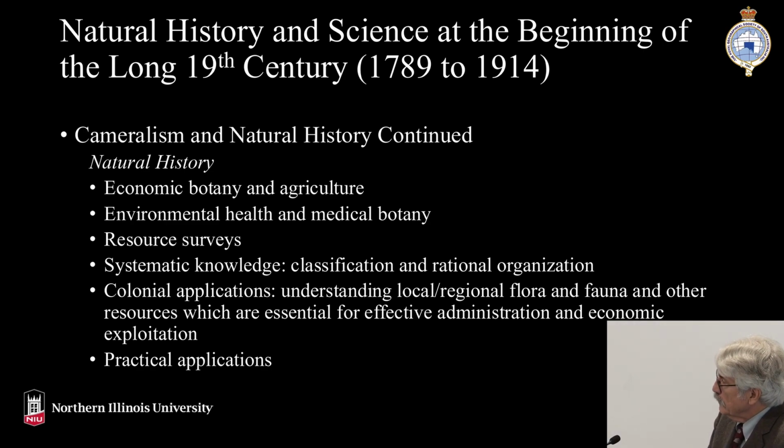People also looked at plants as important for environmental health, or I would say medicinal plants, medical botany, and resource surveys: going out there and seeing what you have, especially in a new area. In the United States, this was done quite a bit in the Western expansion; people were sent out to catalog what was out there and bring things back.